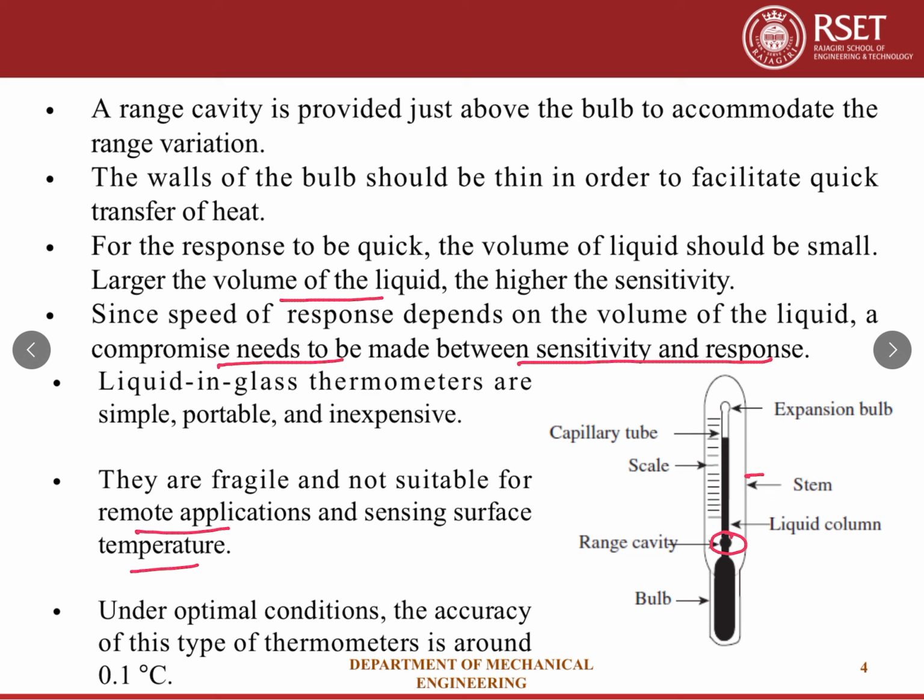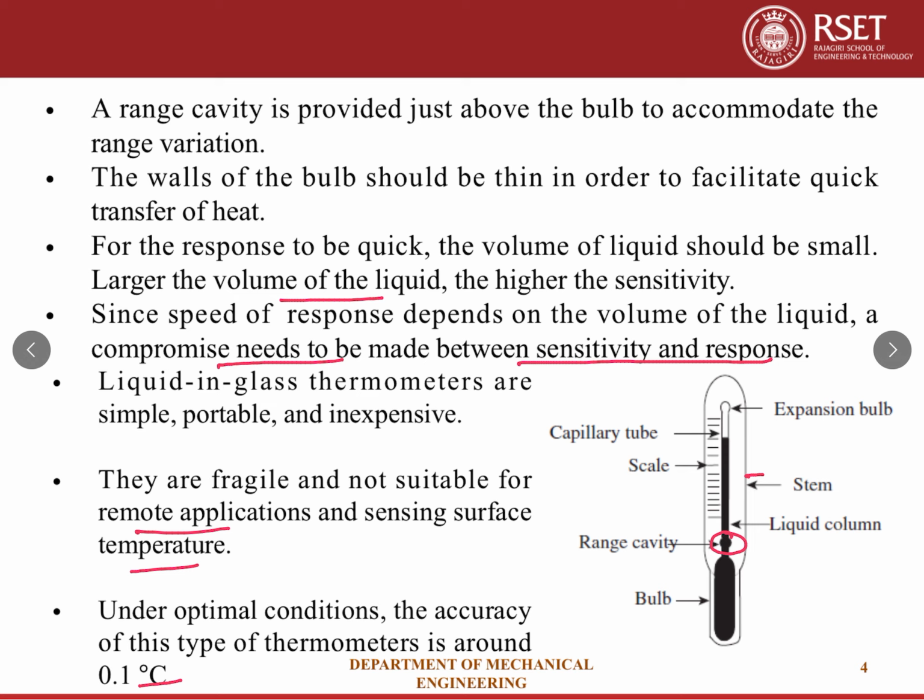Very easily breakable. It gets easily broken. Under optimal condition, the accuracy of this type of thermometer is around 1 degree Celsius. So here we have a bulb and a capillary tube. At the top of the capillary tube, we can see that graduations are given.